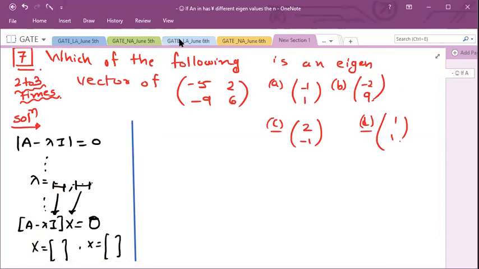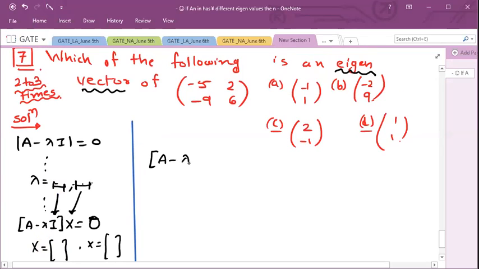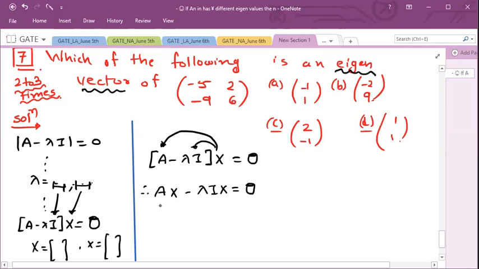What should be the essential condition for an eigenvector? See, our equation is (A minus lambda I) into x is equal to O. Now understand here carefully. Can I multiply x with both of them? So this will become Ax minus lambda I into x is equal to O. This is Ax.